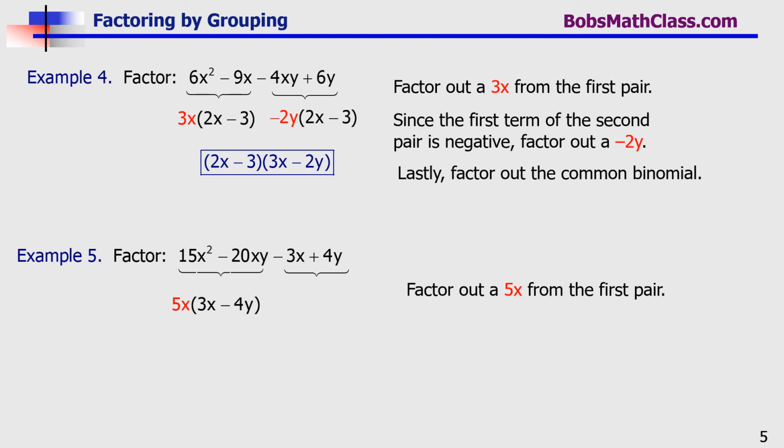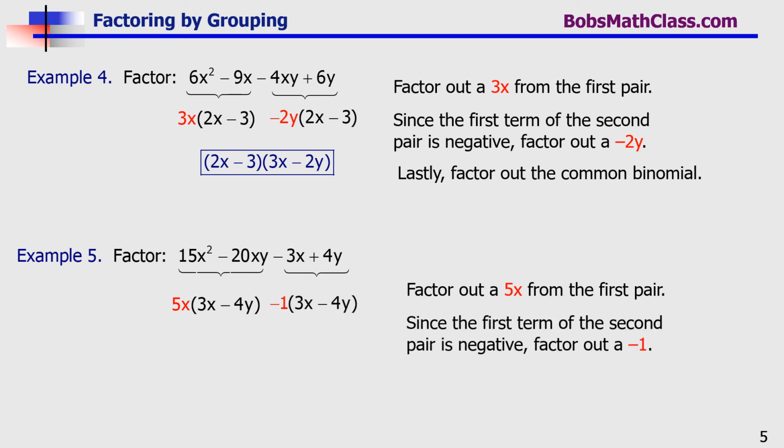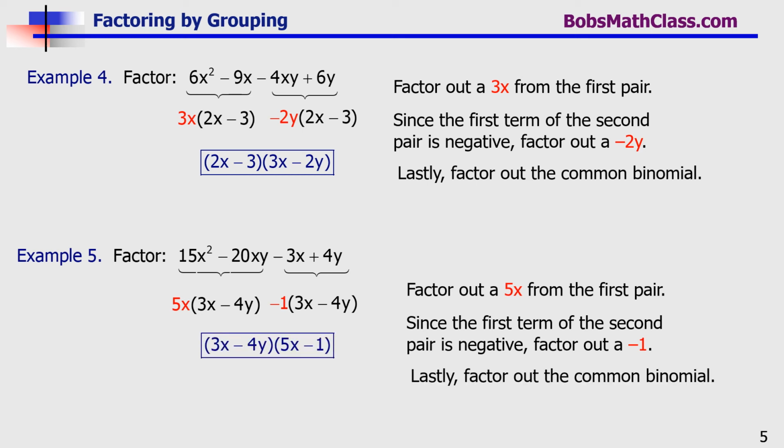So when they don't have anything in common, we're going to put a 1. So if the first term was positive, you would put a +1. Since it's negative, we're going to factor out a -1. That'll change the signs all the way through. Now our binomials match. If they don't match, then we know we've made a mistake and we've got to stop and go back. So there's our final answer. 3x minus 4y times 5x minus 1.